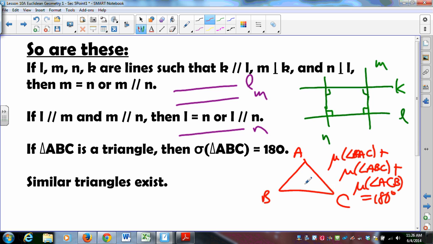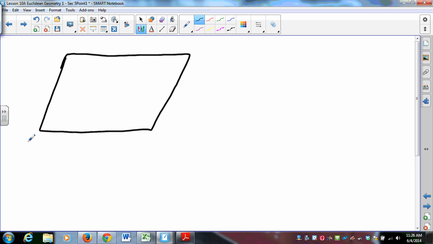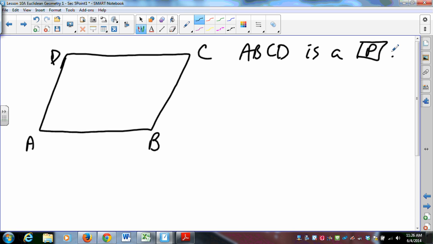The one interesting thing we should talk about is what the Euclidean plane does for parallelograms. So let's pretend that ABCD is a parallelogram.